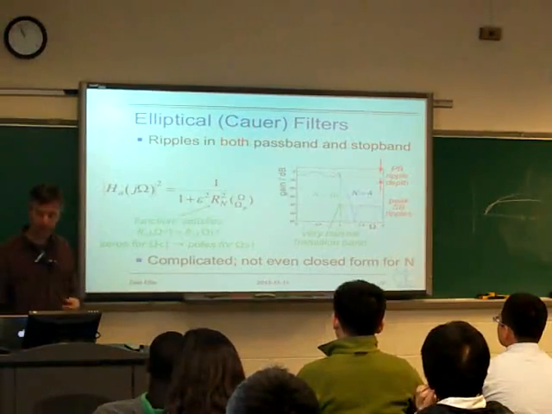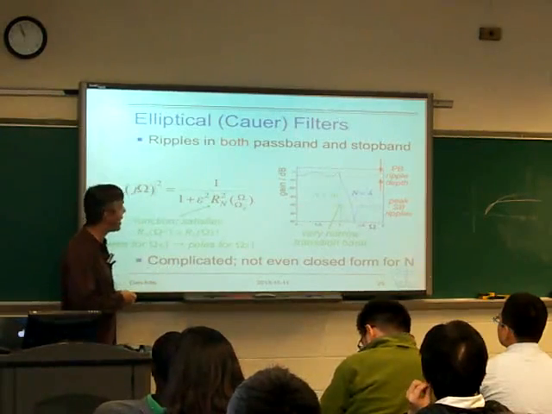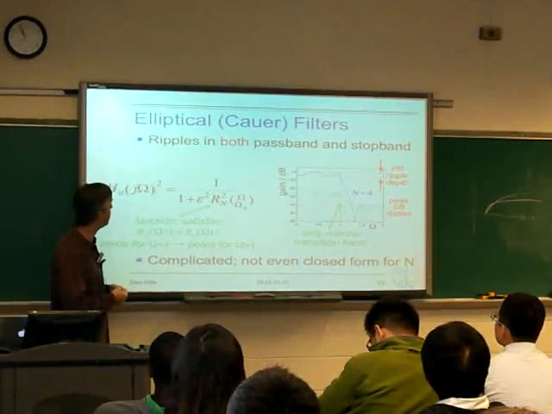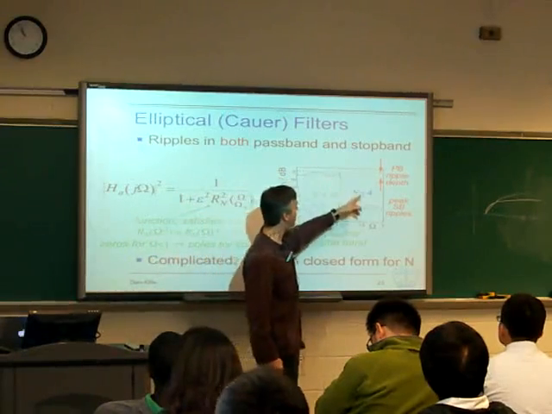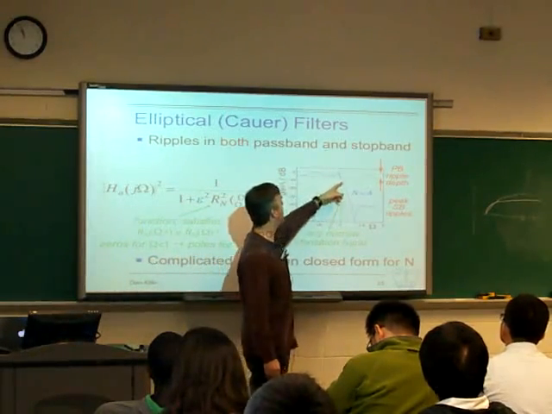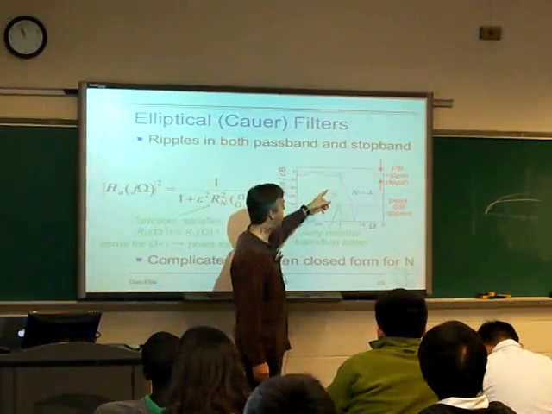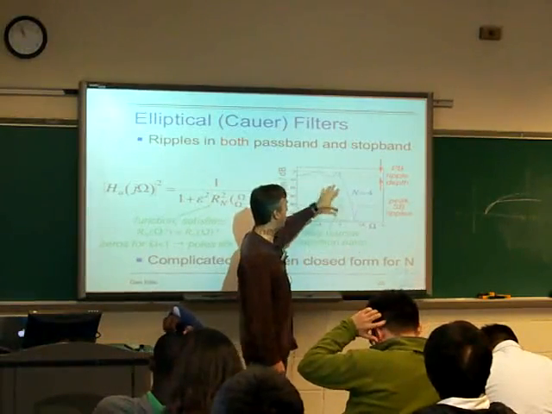And then finally, the fourth kind of filter is with ripples in both the passband and stopband. That's called an elliptic filter, or sometimes a Cauer filter. Here's an example of the response. It looks like the passband part of the Chebyshev 1 and the stopband part of the Chebyshev 2, but it has both of those.